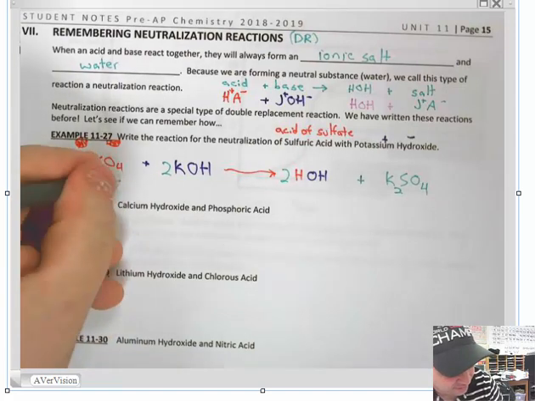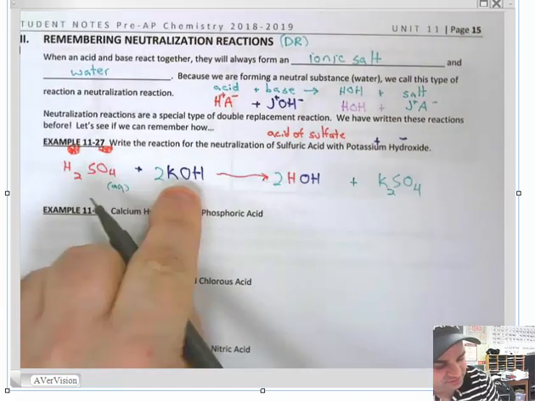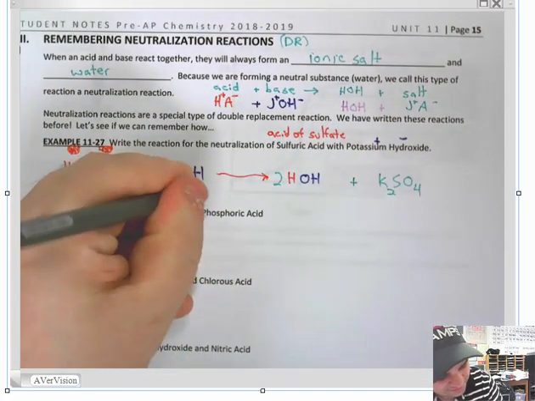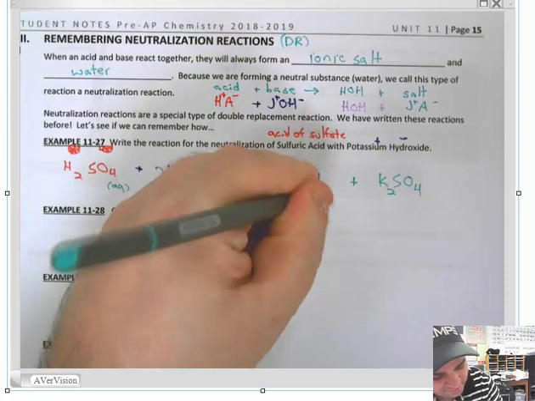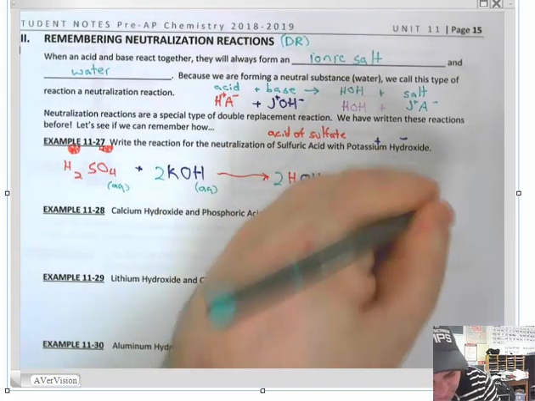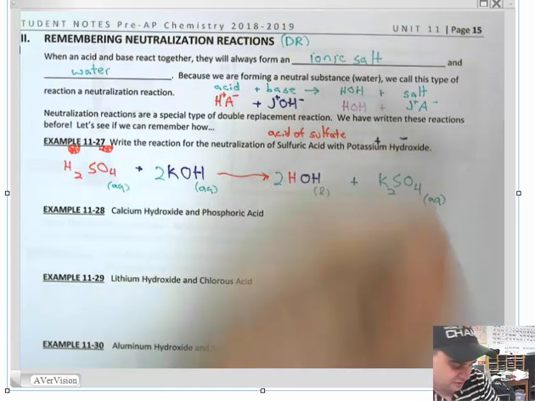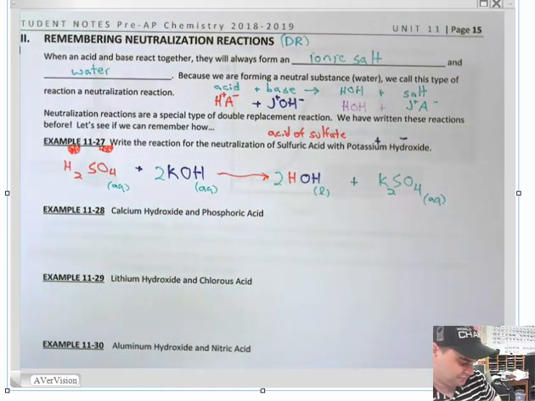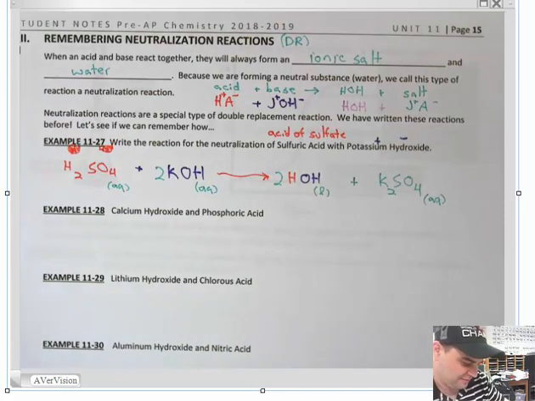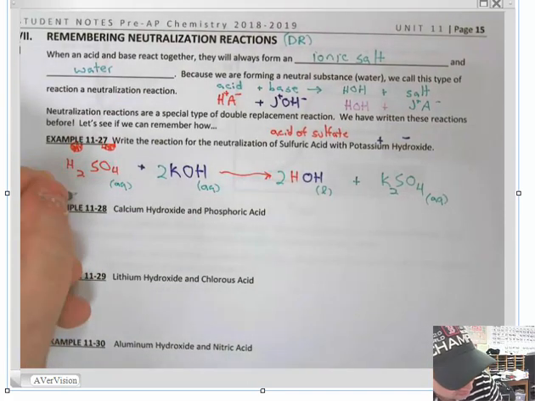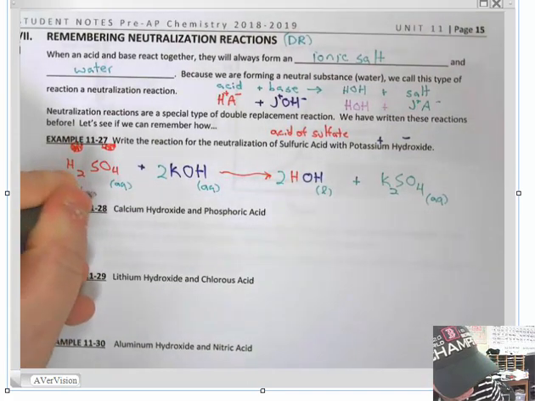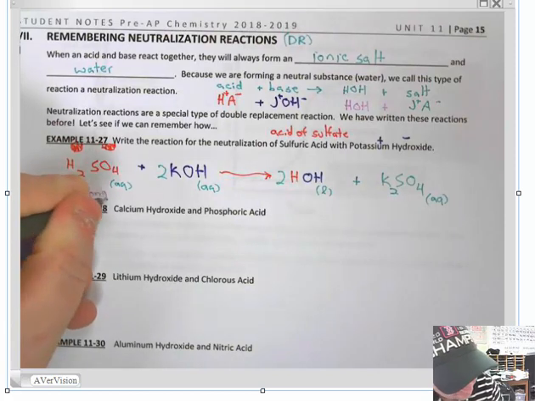All acids are aqueous, remember. This is group 1. This is aqueous as well. Water is a liquid. And potassium's in group 1, so this is aqueous as well. Okay. One thing I want to also teach you that's kind of important for AP here. This is strong acid. It's on the strong acid list.